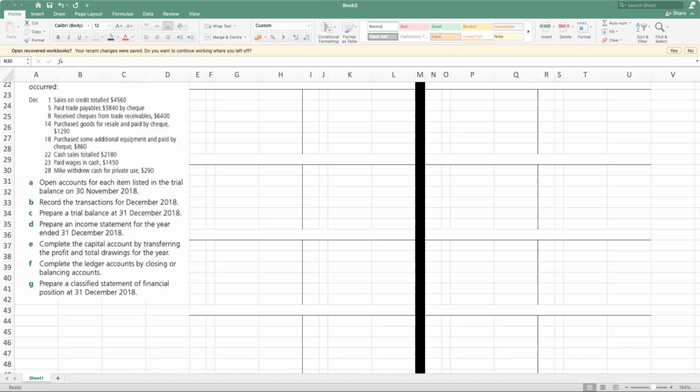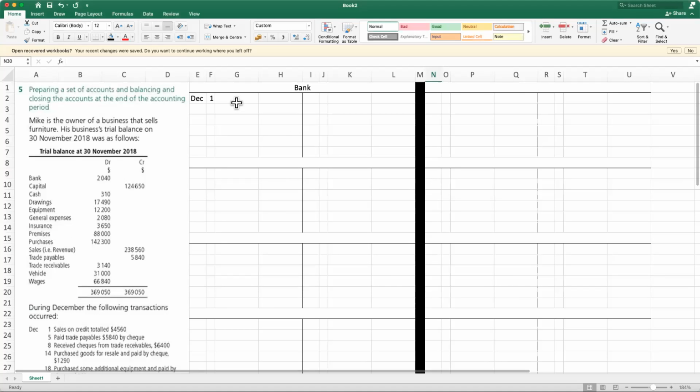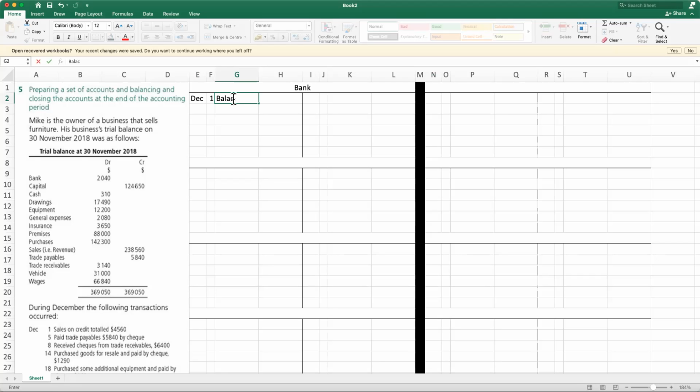So if you look at it here, we need to first draw out all the balances first. So December 1st, balance brought down. Then 2040. So we just need to put in all the balances for December 1st.